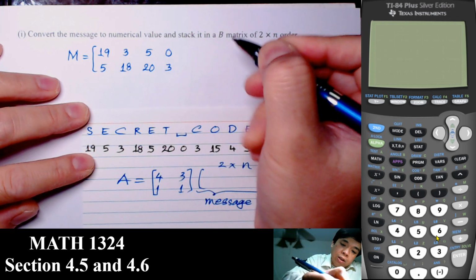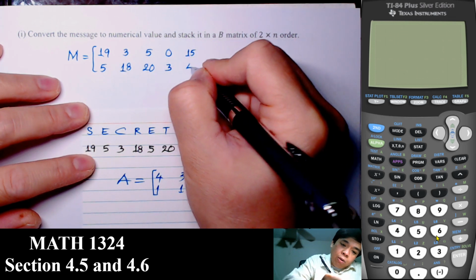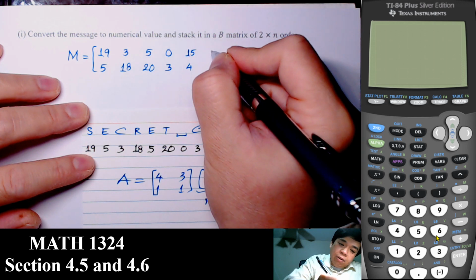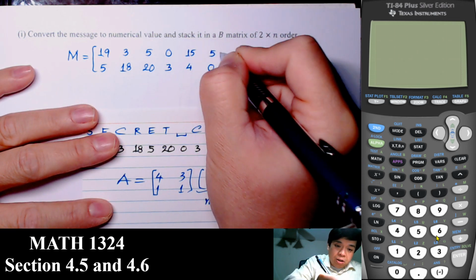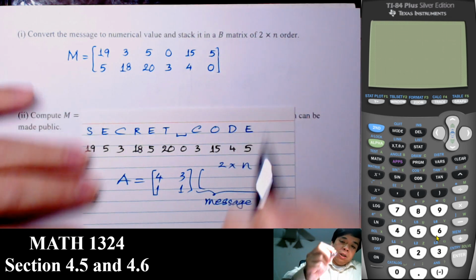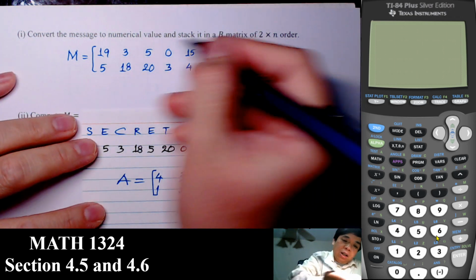Then 3, 15, 4, and 5. To complete this, we just have to write 0. So this is actually the matrix B.